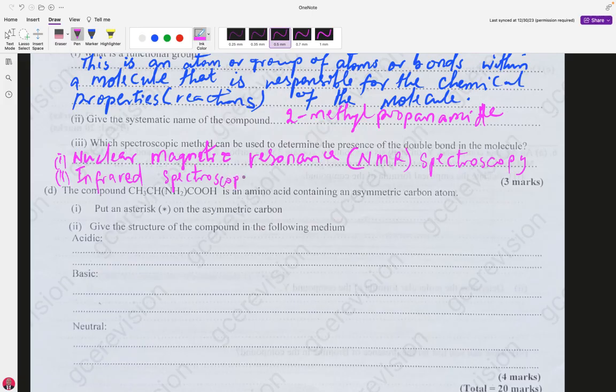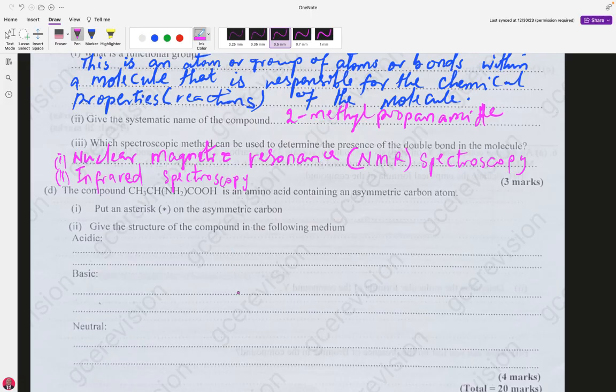These are the major two that you can easily have: nuclear magnetic resonance (NMR) spectroscopy and infrared spectroscopy. You can use these two. You'll be okay. Okay, let's go to D.